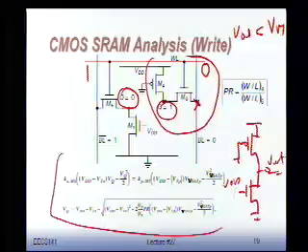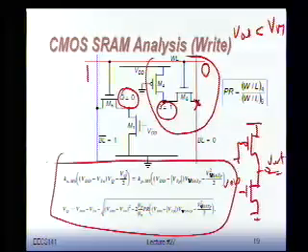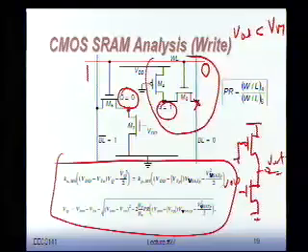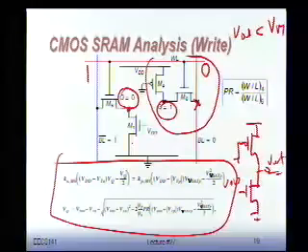And again, I can write down my current equations, and I'm done. And I can do the same thing on the other side. Here I have to make sure that this node, which consists of M5 and M1, goes higher than V out. Okay? So this is a PMOS constraint. This is an NMOS ratio constraint. I can write down the expression. All of these expressions, I can basically solve for my requirements on my transistors.